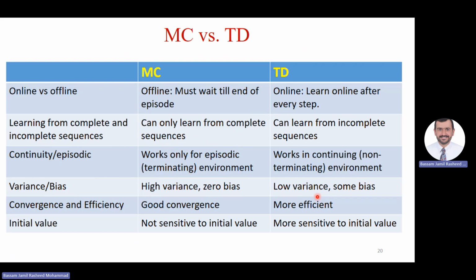We run steps, we update within steps, and we use existing values of the states, which contribute to some bias and low variance, at least in the beginning of the learning. As for convergence, both have good convergence, but Monte Carlo is more efficient. This might vary per problem, but this is on average.